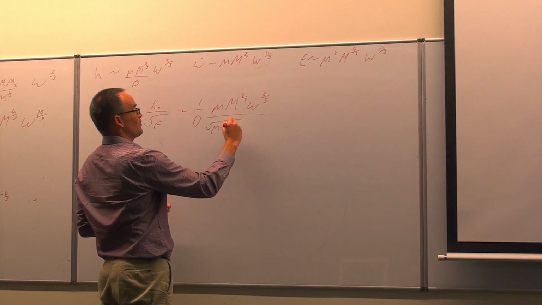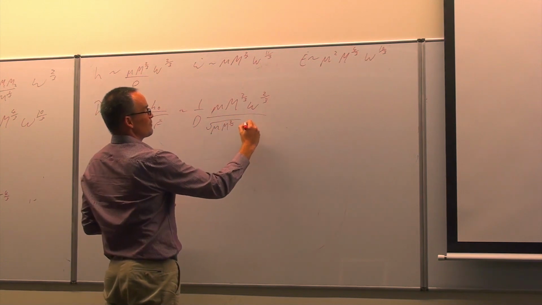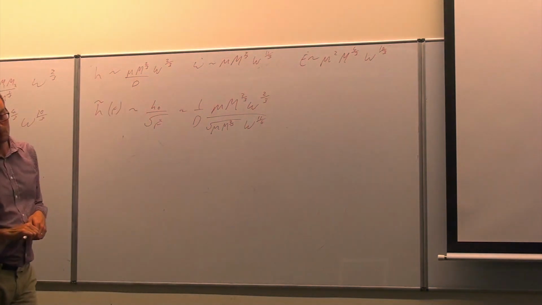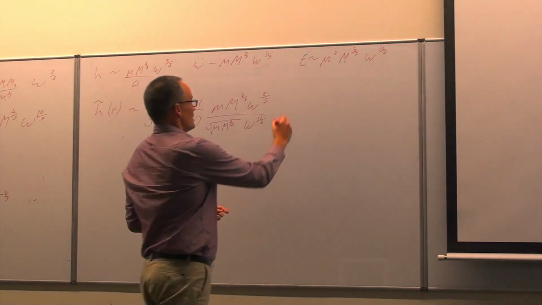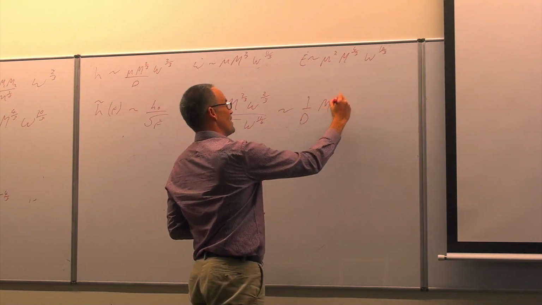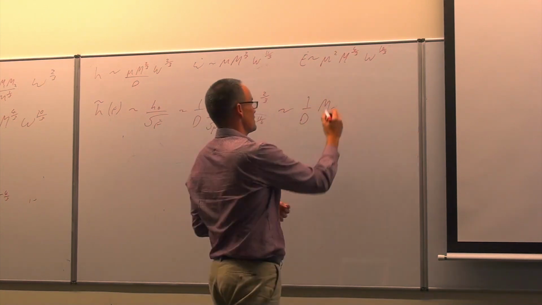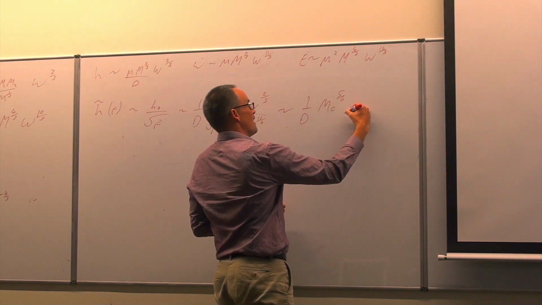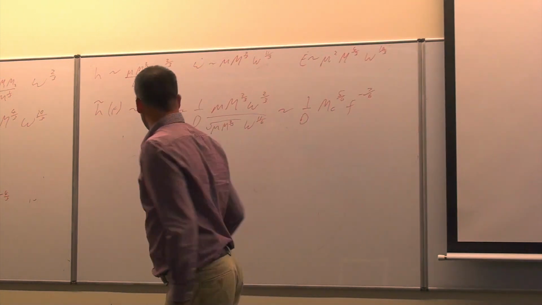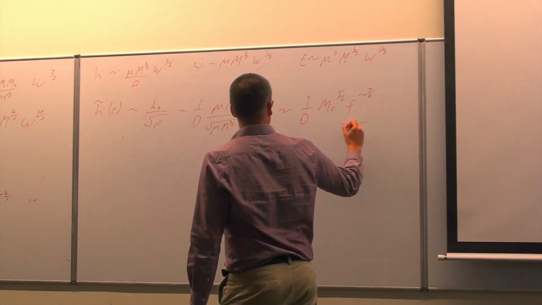So square root of it, mu m to the 2/3 times, now we have omega to the 11/6. Okay. And so this is chirp mass to the 5/6 times f to the minus 7/6. Okay. So this is the first scaling.